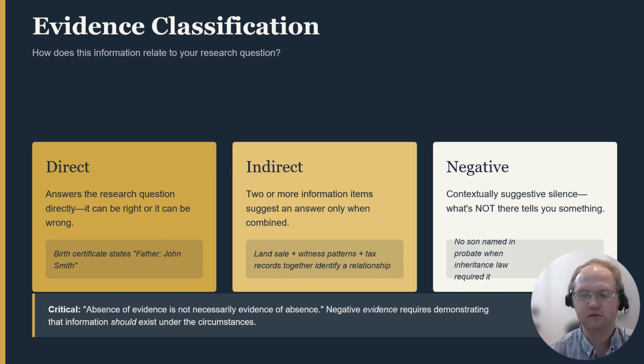Indirect is evidence requiring combining two or more pieces of information to suggest an answer. A land sale document combined with witness patterns, baptisms, and tax records might be used together to establish family relationships that no single document states. Or even simply, you have two direct pieces of evidence that just don't directly connect to each other.